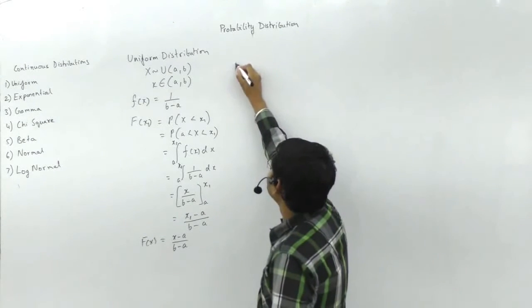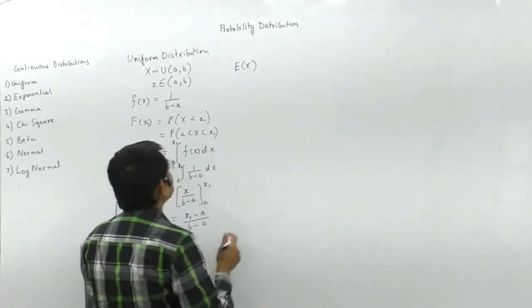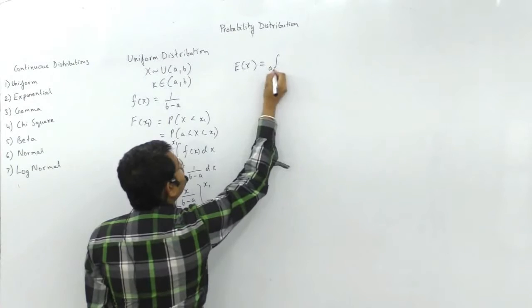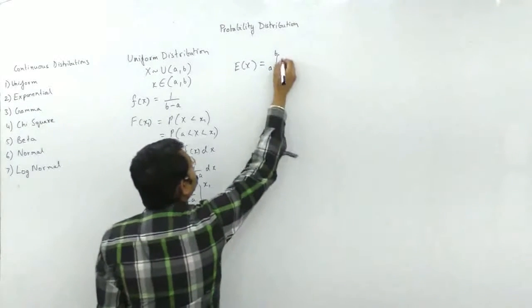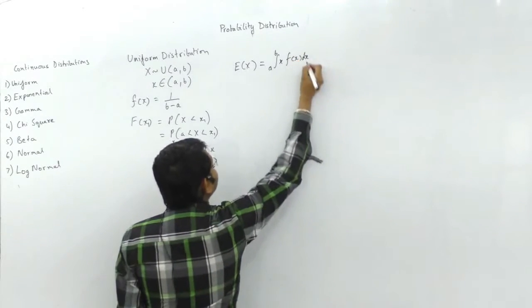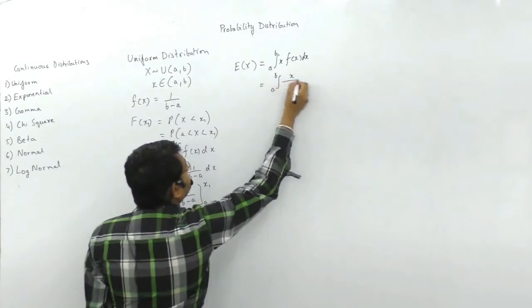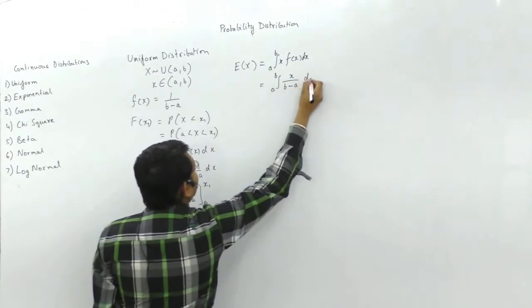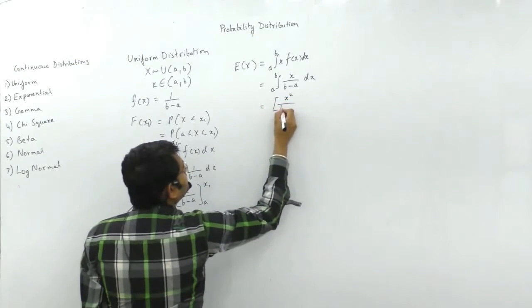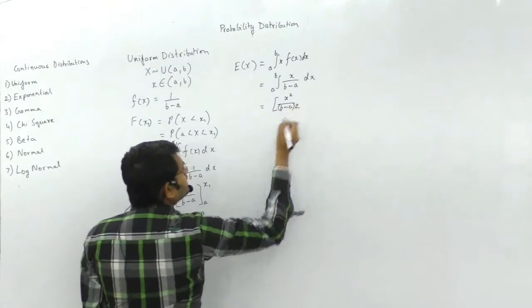Now let's find expected value. Expected value is nothing but integration for all values of x. So for all values we'll have integration from a to b of x into f(x) dx. So we are going to get x square by (b minus a) into 2.